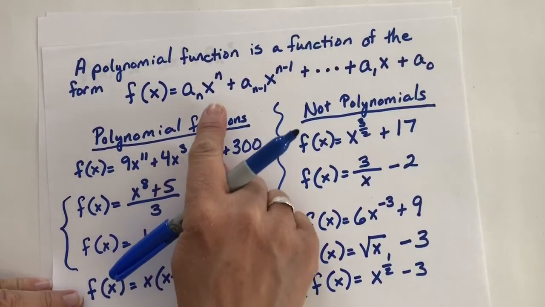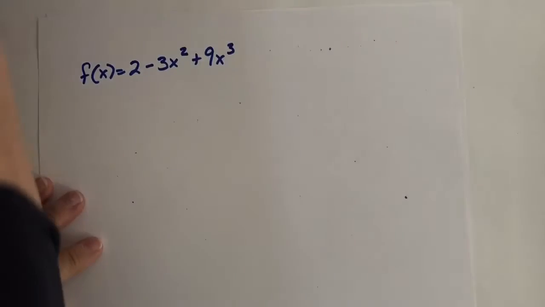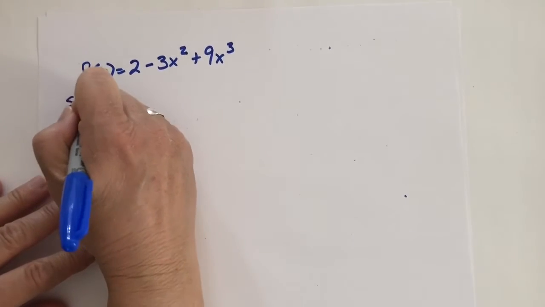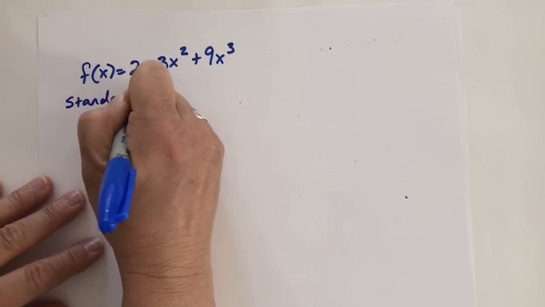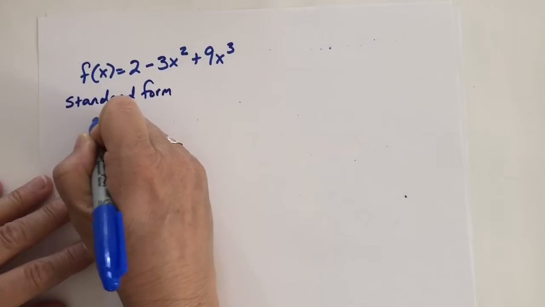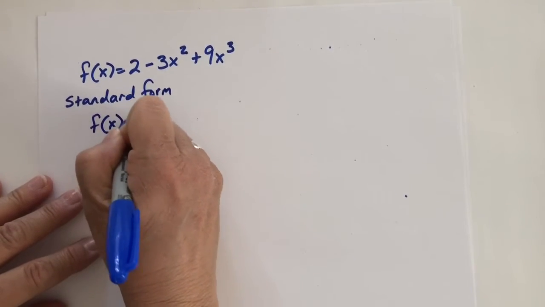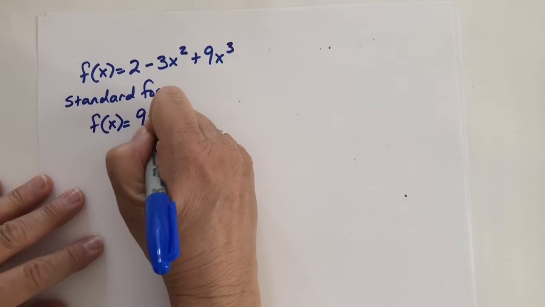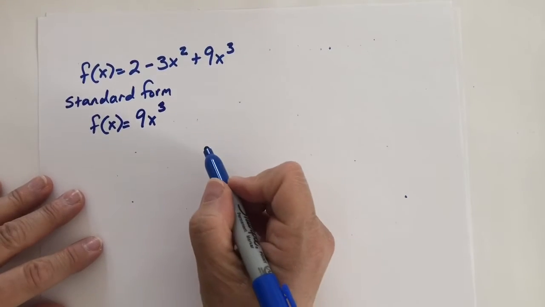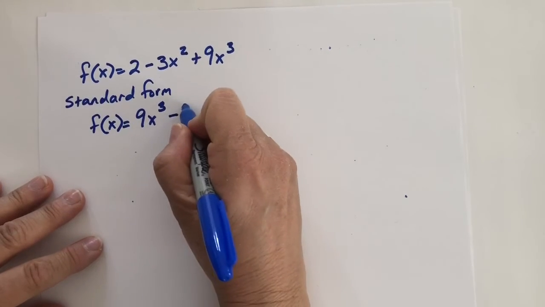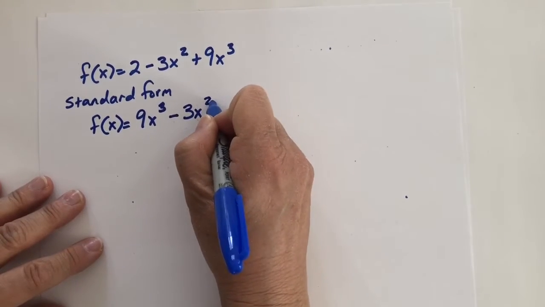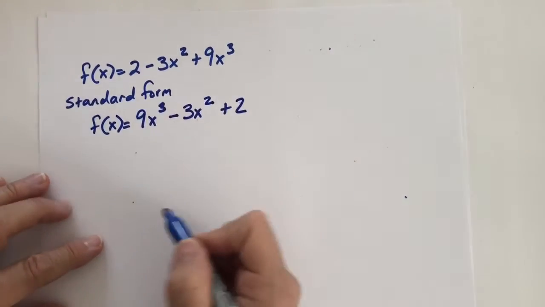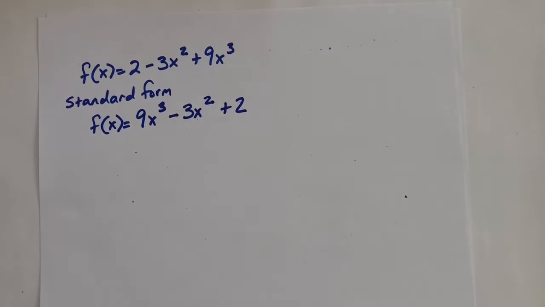The term with the highest degree goes first. So if we were going to write this in standard form, we would just rearrange the terms. So we'd have f of x equals, start with that 9x cubed, and then write the terms in descending powers. So negative 3x squared would be next, and then the positive 2, and it's in standard form.